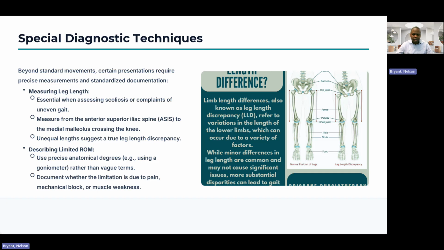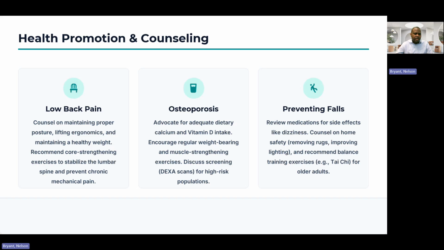And this is very important for all adults. So by putting all of this together, it's not always about assessing physical abnormalities. It's also about preventing them. We can advise patients on proper physical functioning, ergonomics to prevent low back pain, for example, and teach them about calcium intake or weight bearing exercises for osteoporosis prevention.